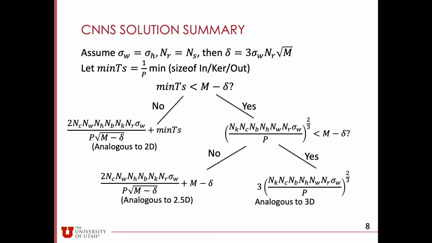Otherwise, the algorithm we construct will be analogous to the 2.5D or 3D algorithm. If the local memory is sufficiently large, it will shift to the 3D algorithm. Otherwise, it will stay with the 2.5D algorithm.